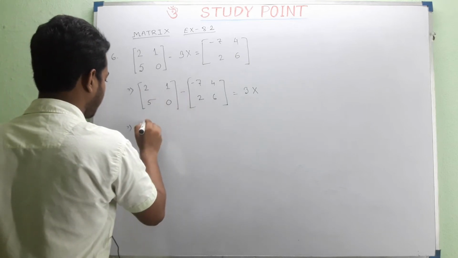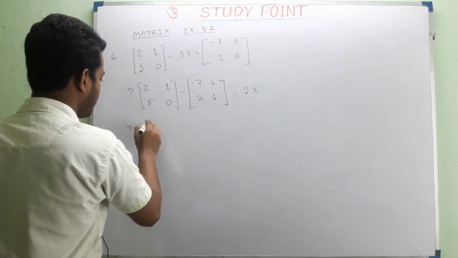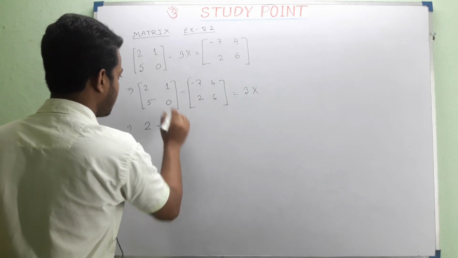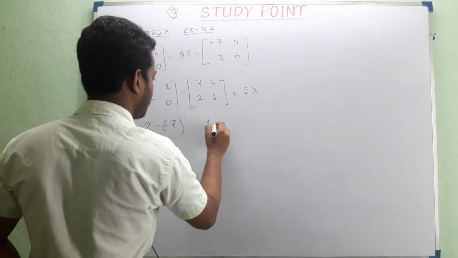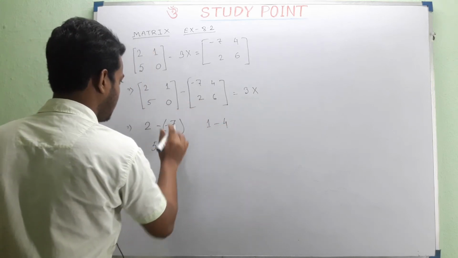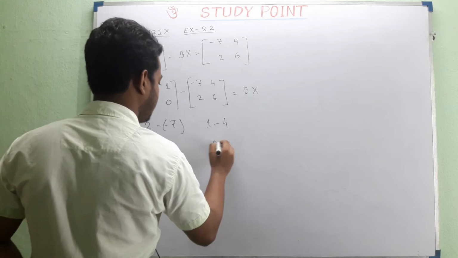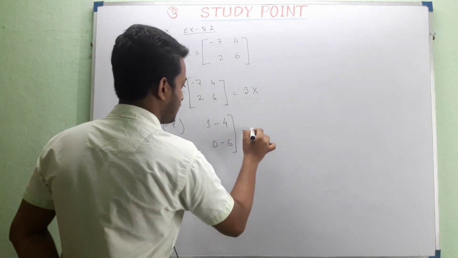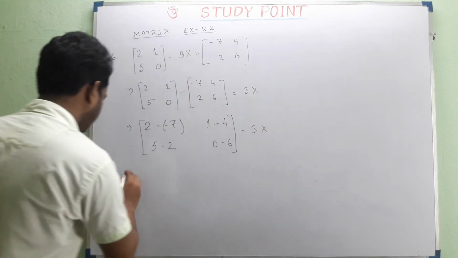Now just from here you see there is the subtraction sign, so we can say that 2 minus of minus 7, 1 minus 4, 5 minus 2, 0 minus 6. So it is 3x.